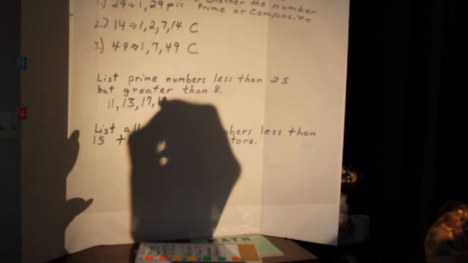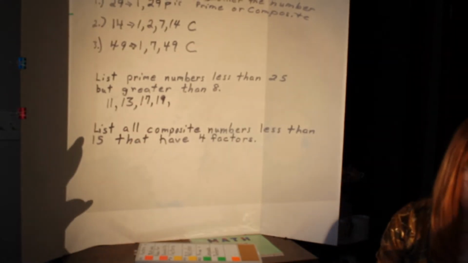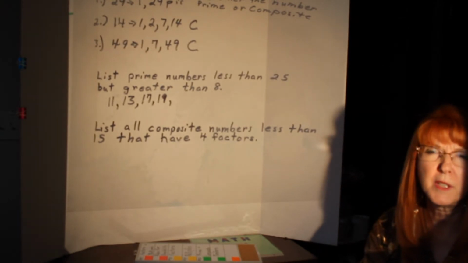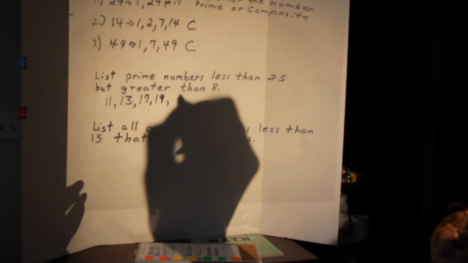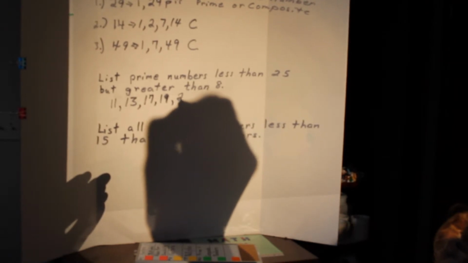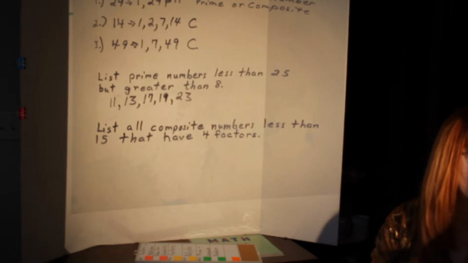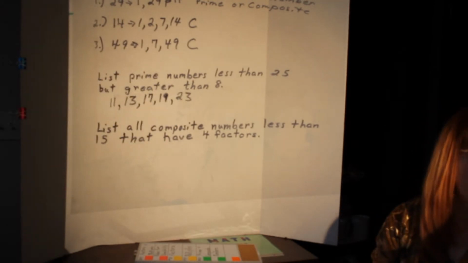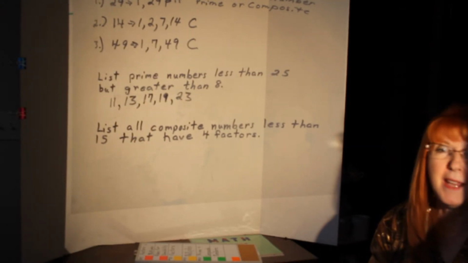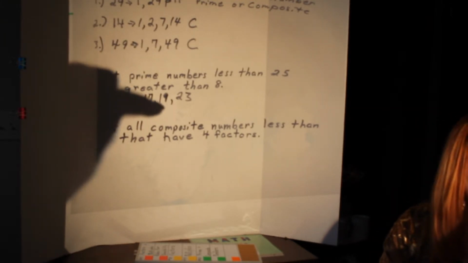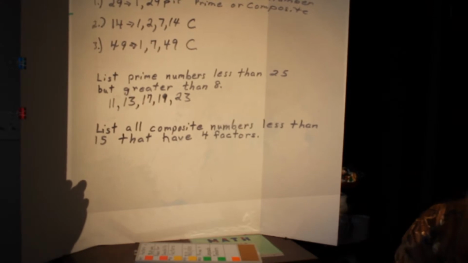Oops, it's supposed to be a 9. 19. 20 has more than 2. 21, 22, 23 will be our next one. 24 has more than 2. 25. So 1, 2, 3, 4, 5. We have 5 numbers that are greater than 8 but less than 25 that are prime numbers. 11, 13, 17, 19, and 23.